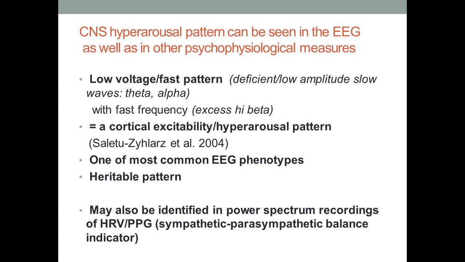We'll see a cortical excitability hyperarousal pattern, and it's one of the most common EEG phenotypes, and like I mentioned before, this is something that one can inherit. So you can thank your folks for that sometimes, or your relatives. It may also be identified in the power spectrum recordings of HRV as a sympathetic parasympathetic balance indicator.